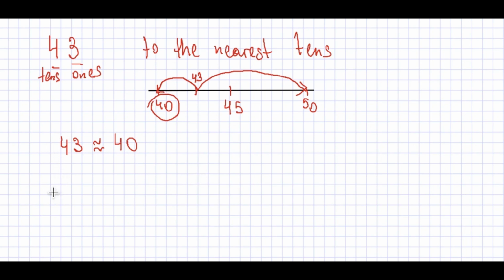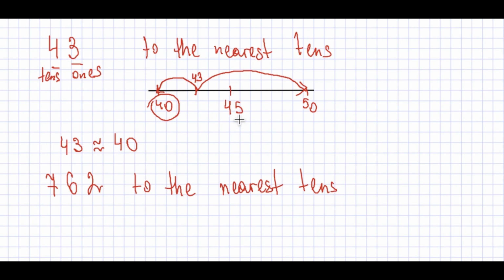Now, let us investigate a three-digit number and again round it to the nearest tens. 762. Okay. Again, we want to round this number to the nearest tens.